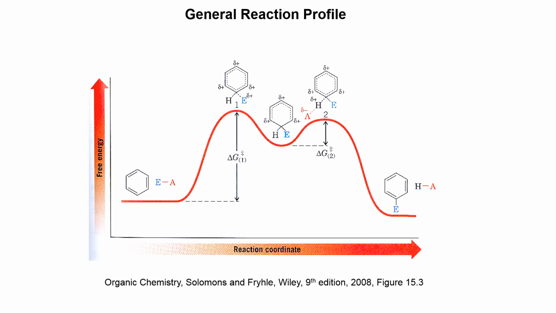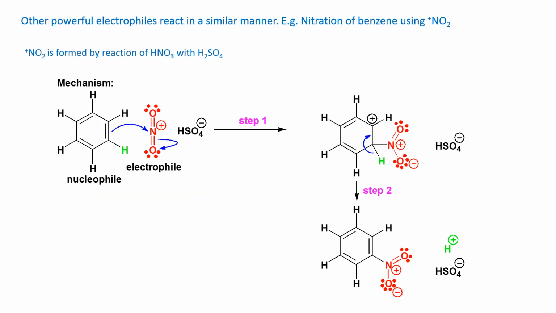While this reaction requires powerful electrophiles in order to react, there are a number of different electrophiles that can do this reaction. So we saw an example of bromine activated by a Lewis acid, ferric bromide. We could also do this reaction with chlorine activated by a Lewis acid, ferric chloride. And we can do other reactions as well as halogenation reactions.